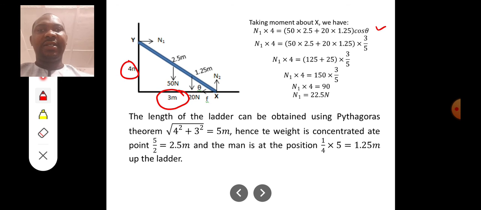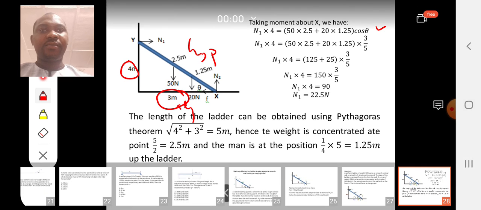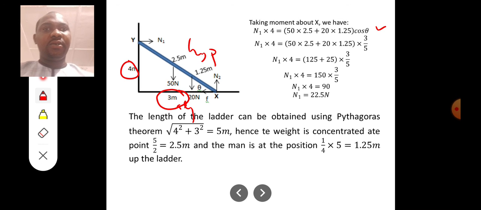The longest side is the hypotenuse, while the other side is the adjacent. So N1 times 4 is equal to 150 times 3/5, because 125 plus 25 is 150. N1 times 4 equals 90, so N1 is equal to 22.5. So that is how we get our N1 is 22.5.